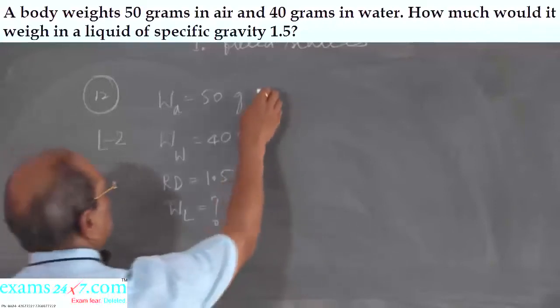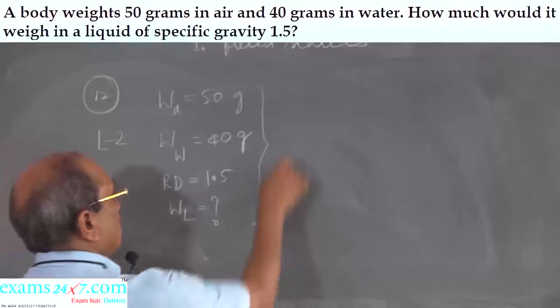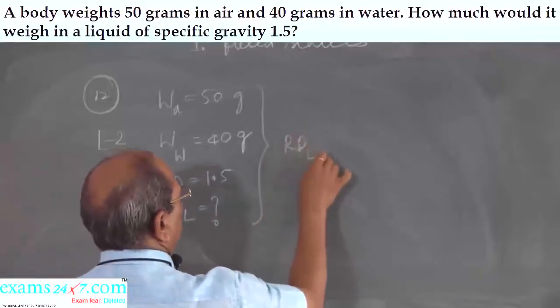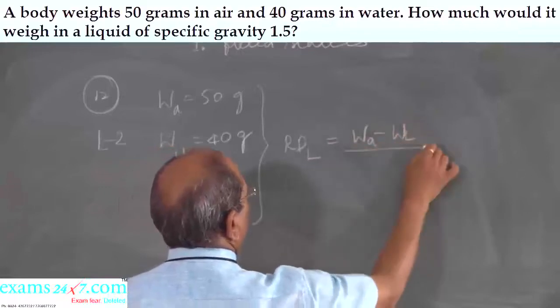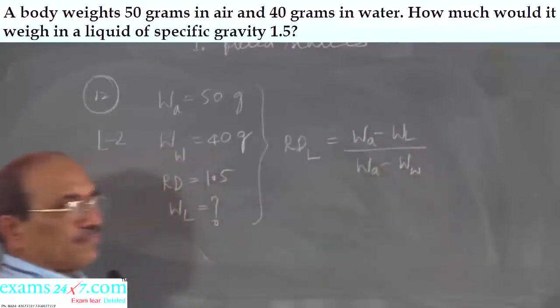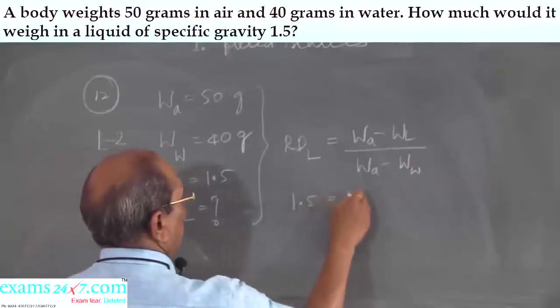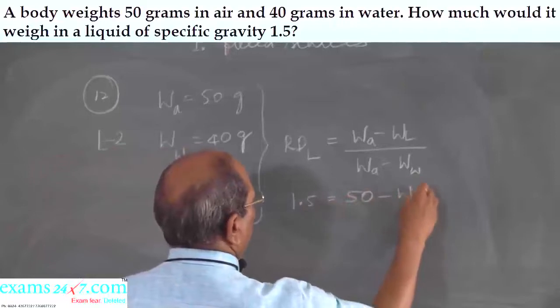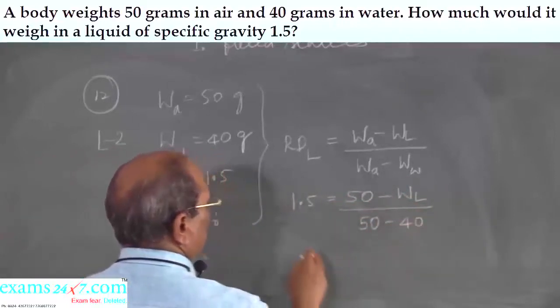So we discussed in the fluid statics synopsis: relative density of a liquid is weight in air minus weight in liquid, by weight in air minus weight in water. It is 1.5, which is (50 minus weight in liquid) by (50 minus 40).